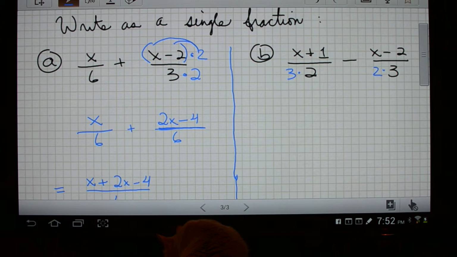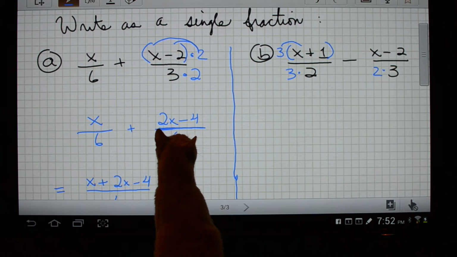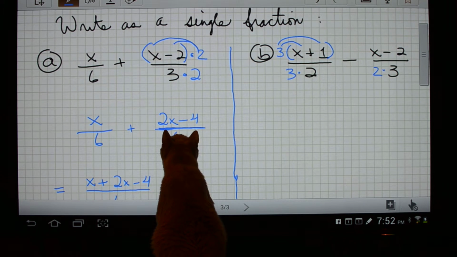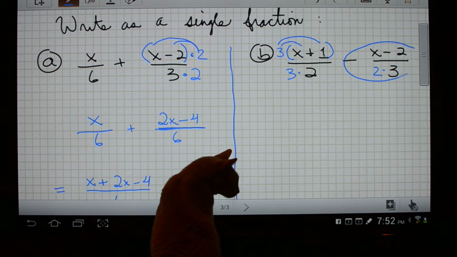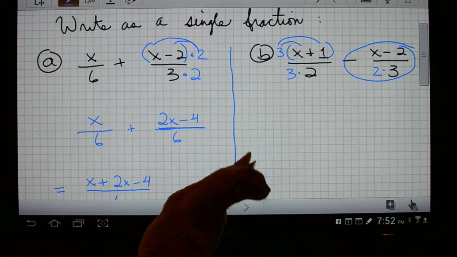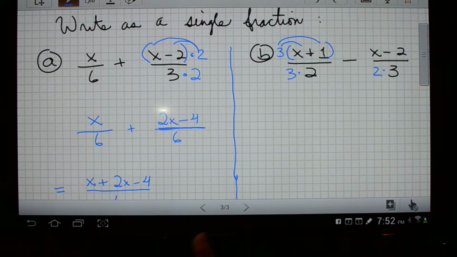Make sure you put this 3 on the top with the parentheses, and that reminds you to distribute the 3 onto both terms. Now this one's a little bit tricky, okay? What I usually tell students is that this minus has to somehow go on both those terms.